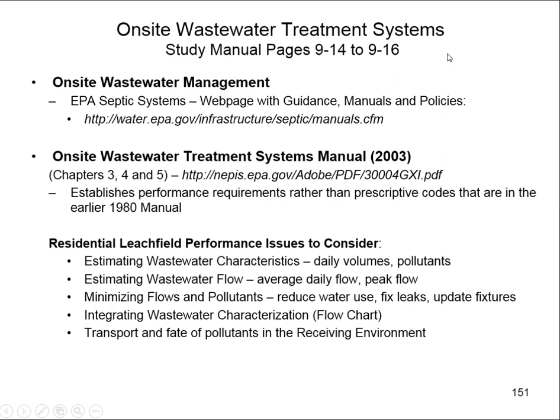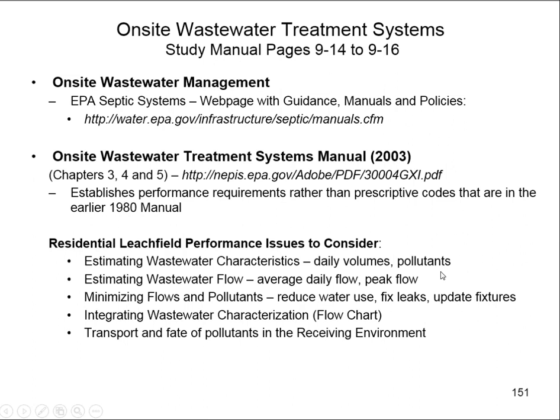And then the on-site wastewater treatment systems. These are leach fields or septic systems. And we have a guidance manual that provides us with a lot of technical information that's very helpful. Some of the things that we want to look at are the daily volumes.